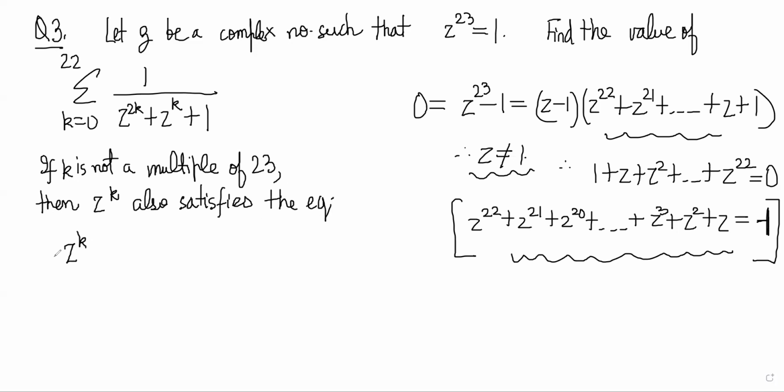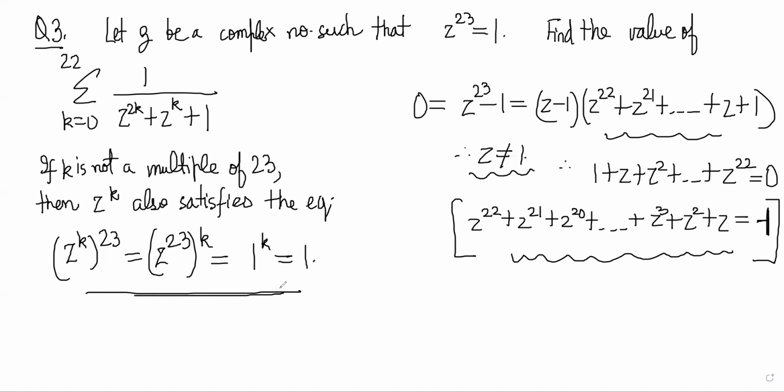Basically what I'm saying is, if you replace z with z power k in this equation, you'll realize z power k power 23 is z power 23 power k, equals 1 power k, equals 1. So as long as k is not a multiple of 23, if z satisfies this equation, z power k also satisfies this equation, right?